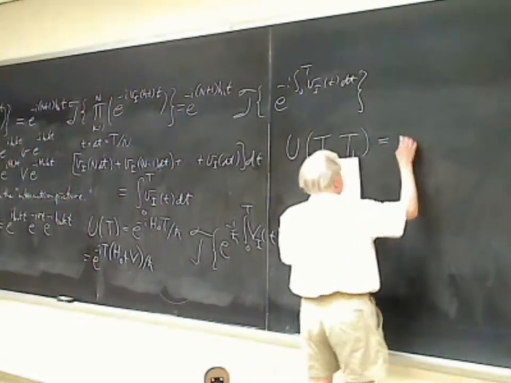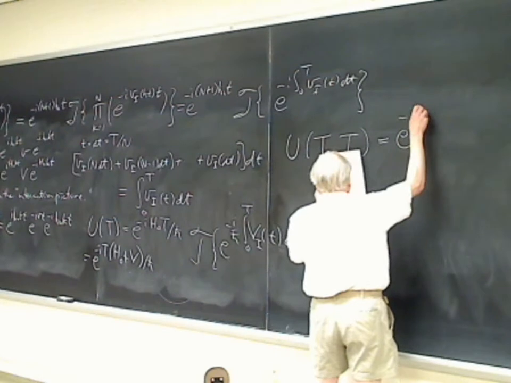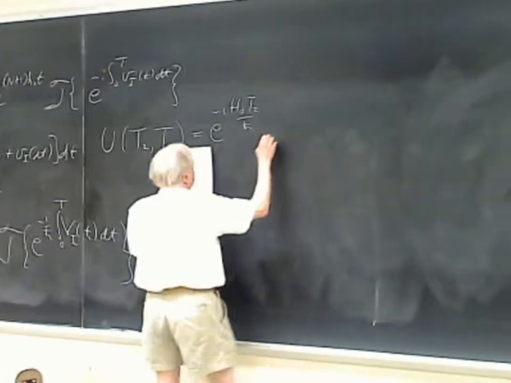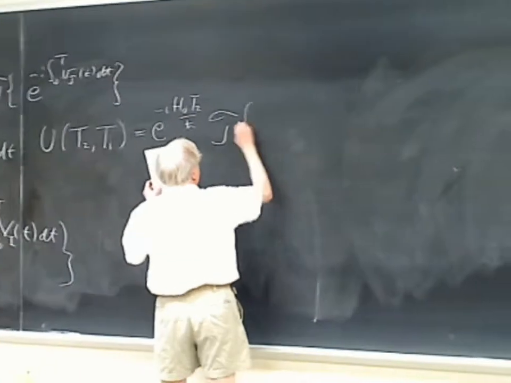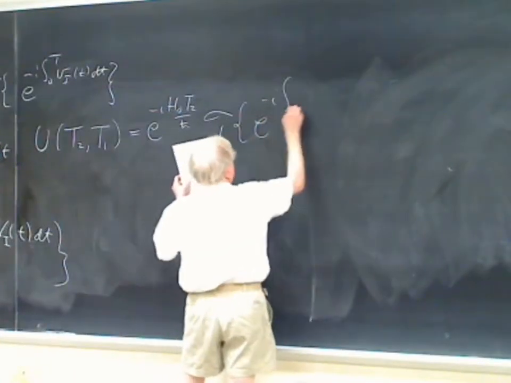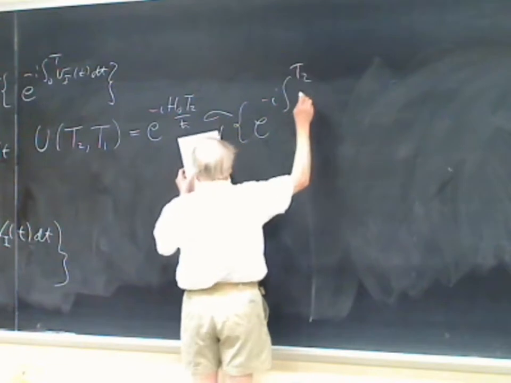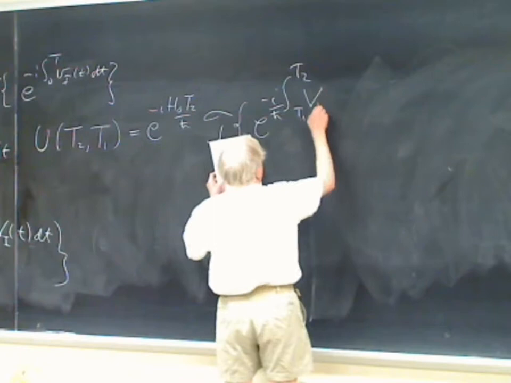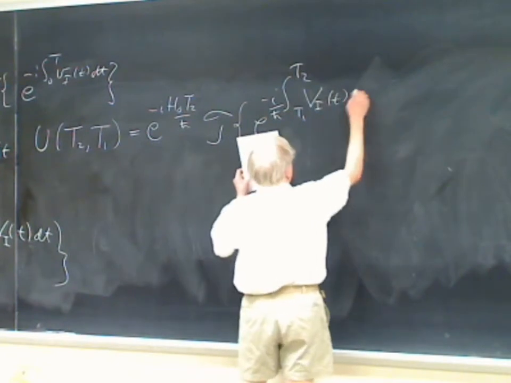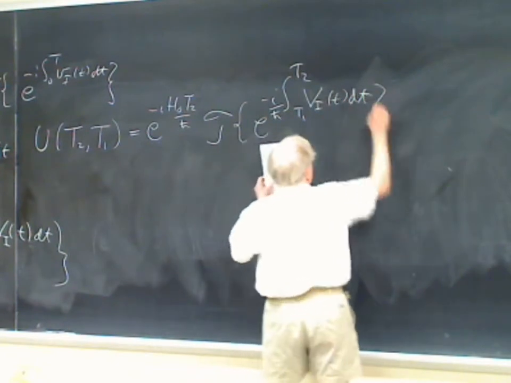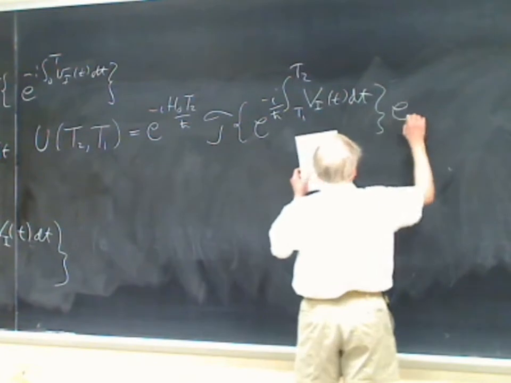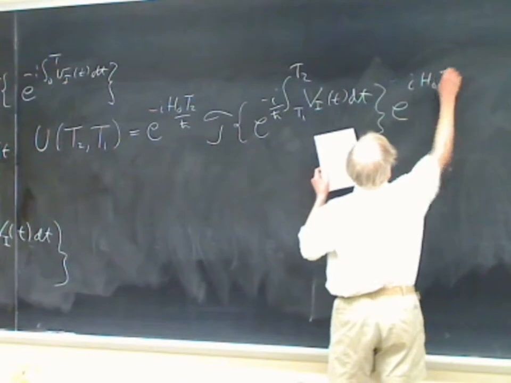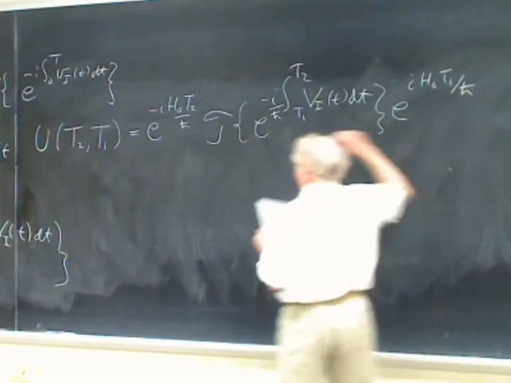If we had done it this way, we would have e to the minus i H0 t2 over h bar, times the time-ordered product of e to the minus i over h bar integral from t1 to t2 of V_I(t) dt, and then down here we have e to the i H0 t1 over h bar.